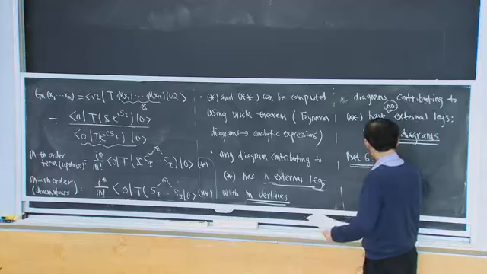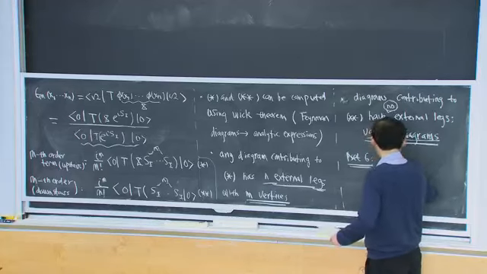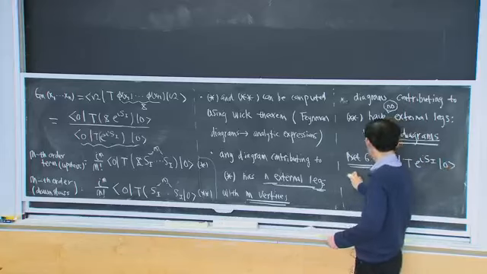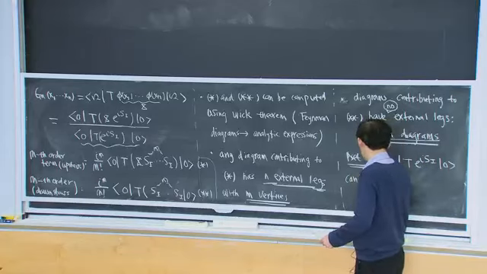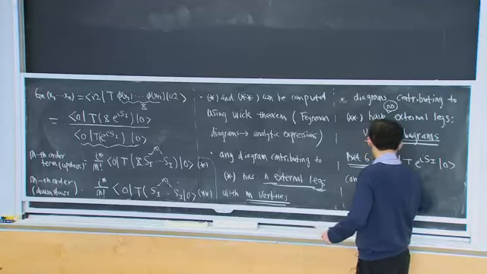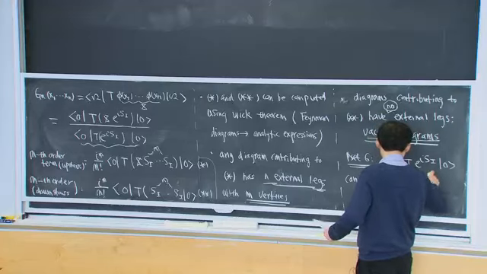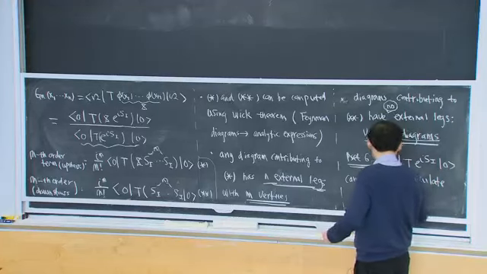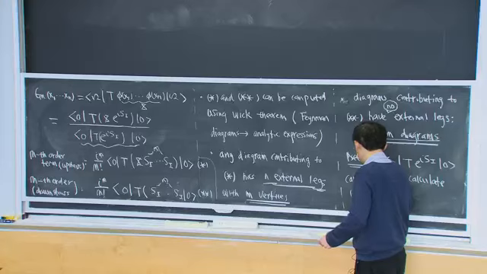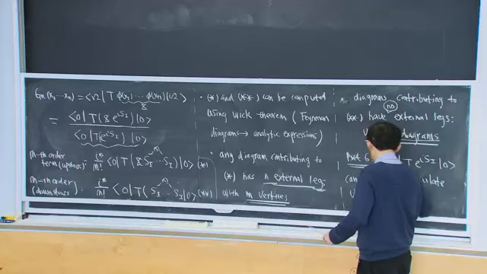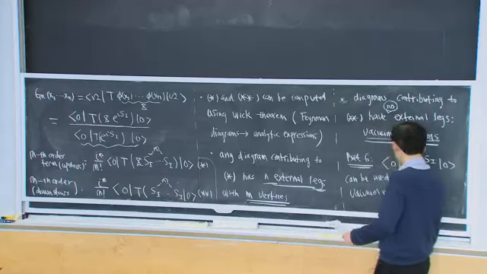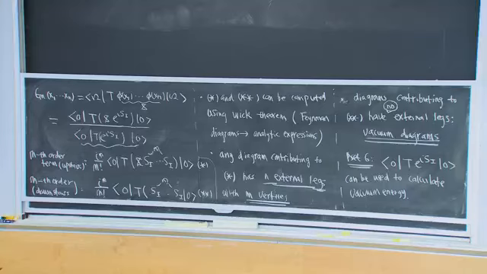You can show that this quantity can be used to calculate the vacuum energy of the interacting theory.